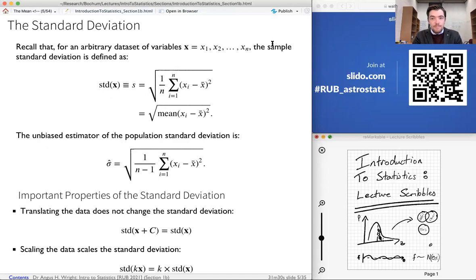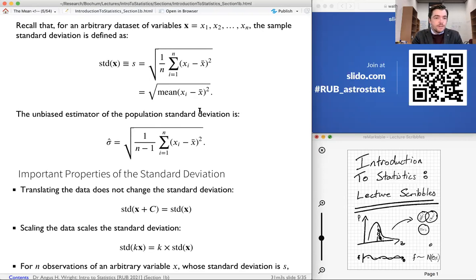The sample standard deviation, so the standard deviation of a sample of points, is defined here as 1 over n times the sum of the squared differences between xi and the arithmetic mean, all square rooted. Or writing that out in a way that's more like program notation, it's the square root of the mean of these differences squared.